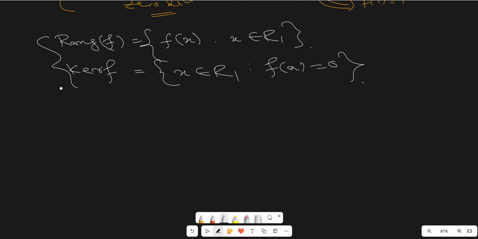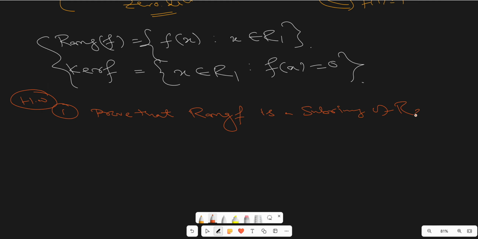In group theory, the kernel is a normal subgroup. So here, what you can say is that the kernel is an ideal in R1. What you have to prove? I am giving you some homework here. First, prove that the range of f is a subring of R2.